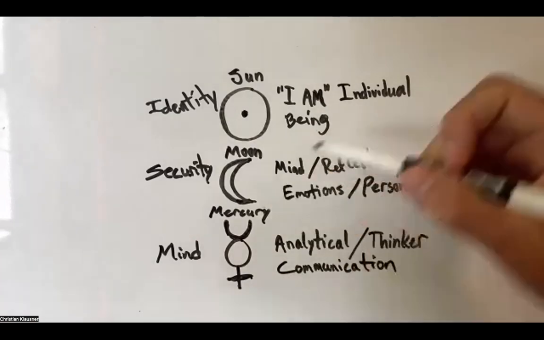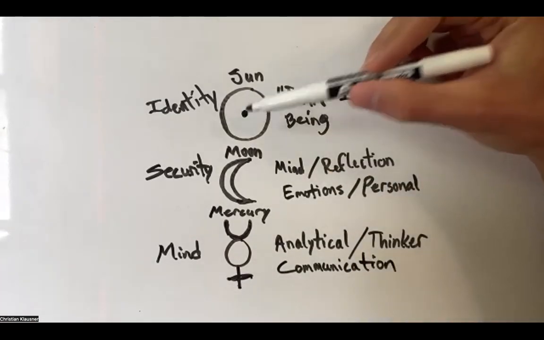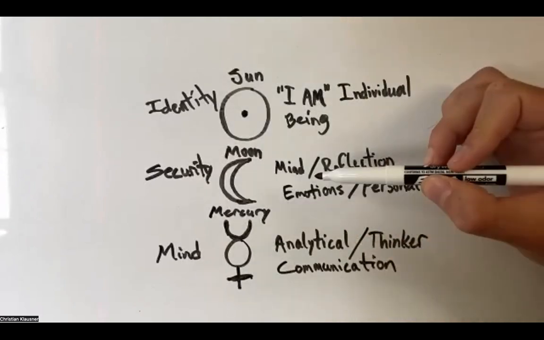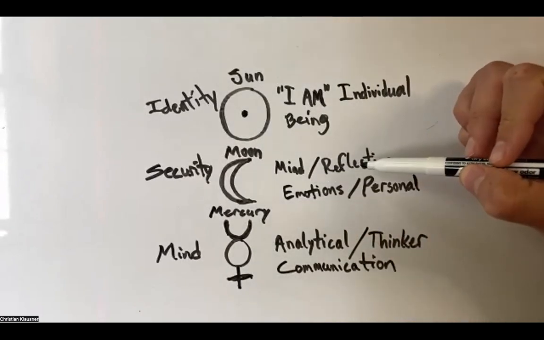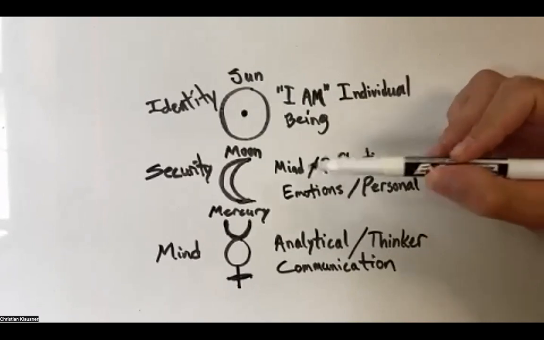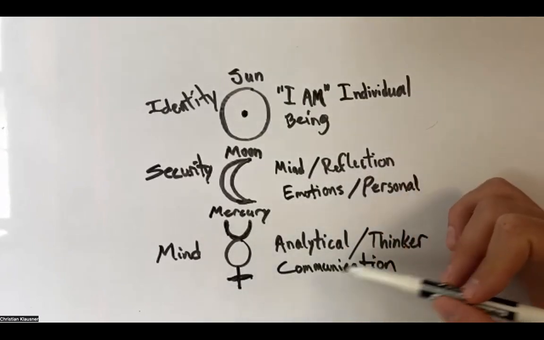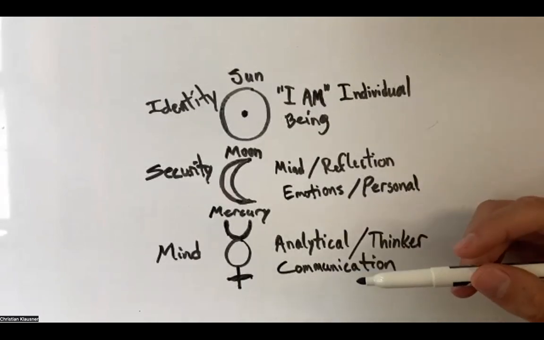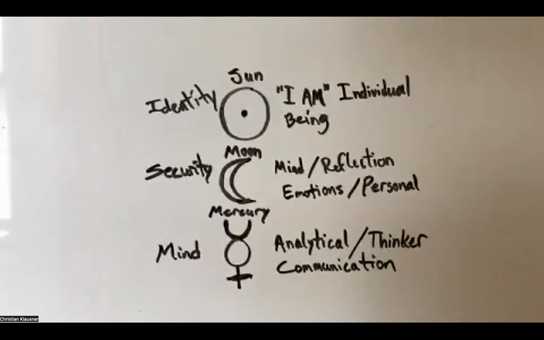So if these were your various instincts, the sun is your instinct to shine. The moon is the instinct to feel. Mercury is the instinct to communicate, to think, to speak, and to reason. So if you're struggling to write all this down, don't worry about it.